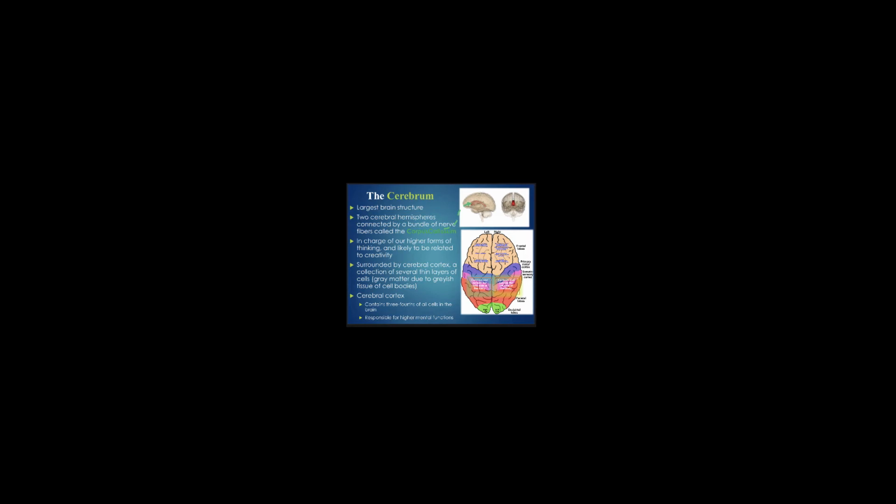Now we know that the right side of our brain controls the left side of our body, and the left side of our brain controls the right side of our body. The information is transferred between the two through this corpus callosum, which is just above our limbic system, but below our cortex. This is all to do with the higher order functioning, our mental abilities.